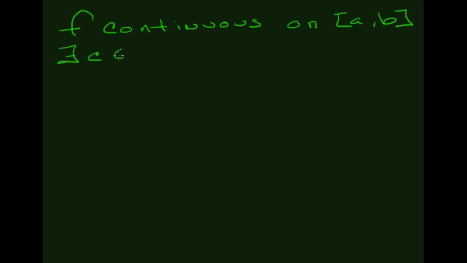Now let's get a mean value theorem for integrals. Okay, so the theorem says this: if f is, again, continuous on closed interval AB, then there has to exist C, which is also on closed interval AB, such that f of C is equal to the average value of the function.